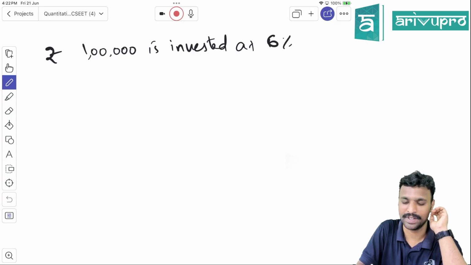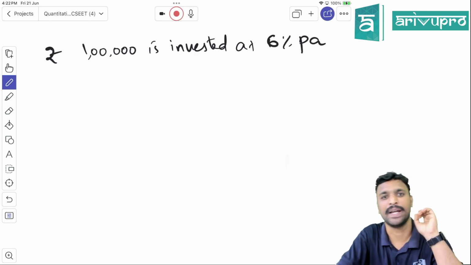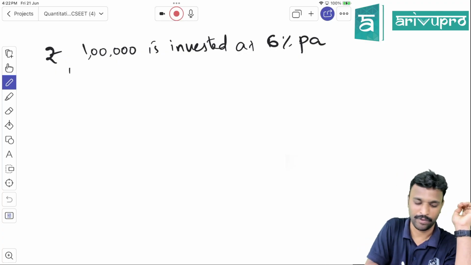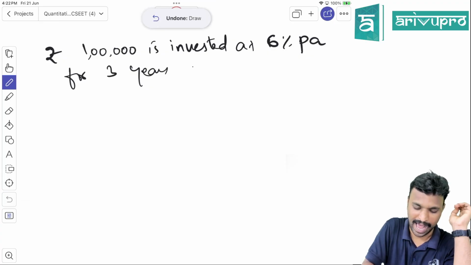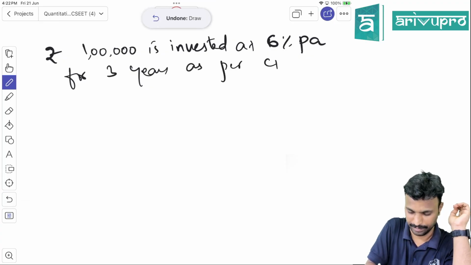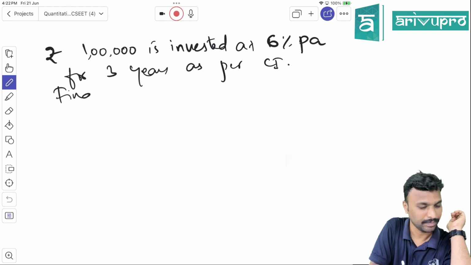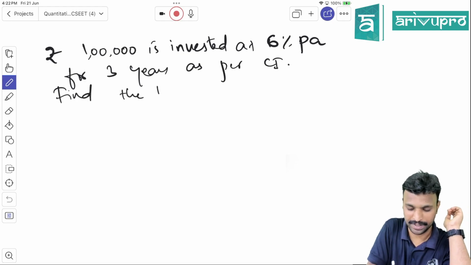We'll take 6% per annum for 3 years, as per CI. Find the total interest.